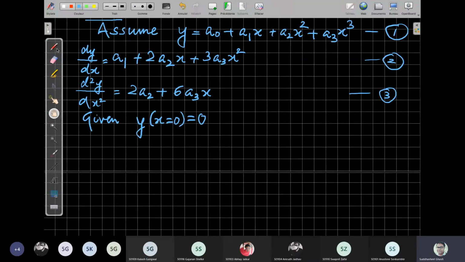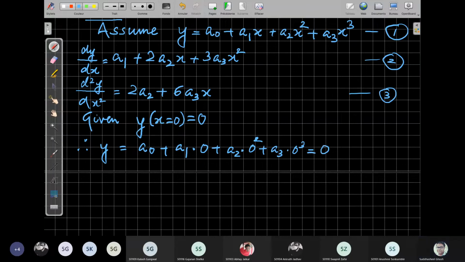Therefore y equal to A0 plus A1 into 0 plus A2 into 0 square plus A3 into 0 cube, and that will be equal to 0, no?